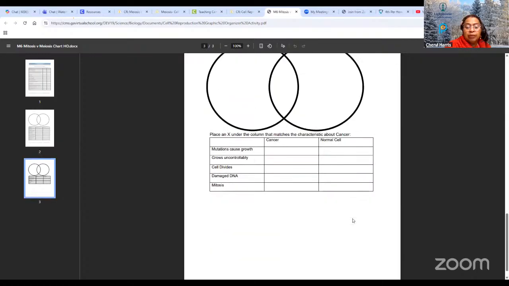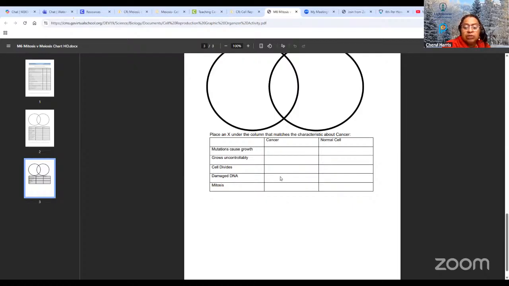All righty. And our cancer one, I'm trying to get through before the bell rings. All right. Mutations cause growth. That's cancer. Normal cells are normal. Grows uncontrollably. That's cancer. Cells divide. Both of them, you would have an X in both columns because all cells divide, during normal cells and cancer cells.